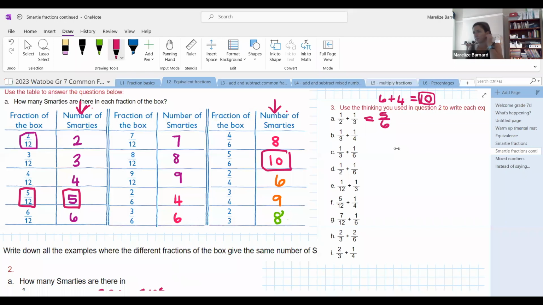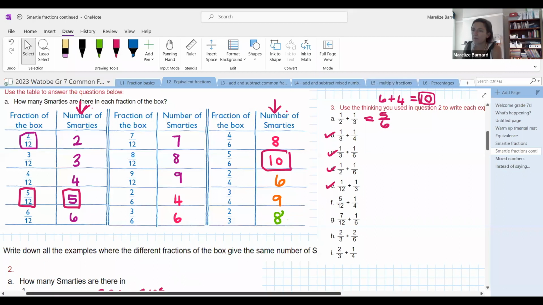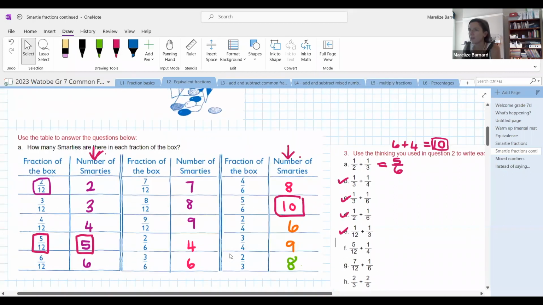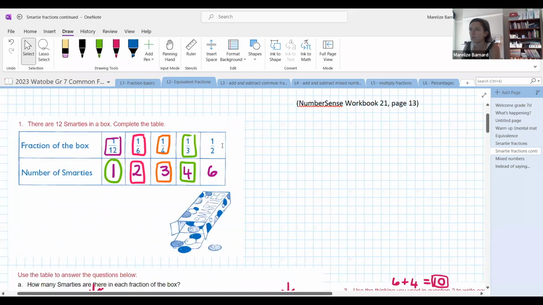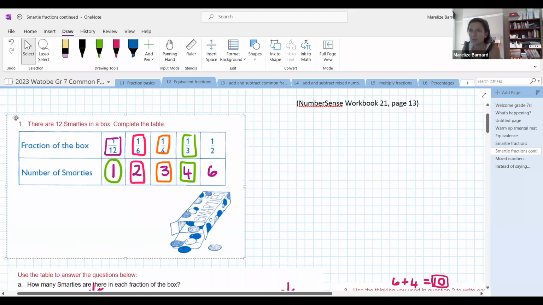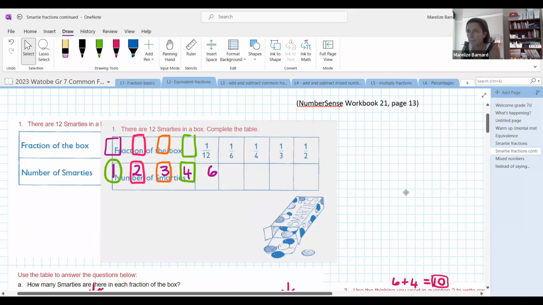of a box. Okay, so I'm going to leave you here to do B, C, D, and E. Use your table, the one that's here, and I think you all know how many Smarties there are for 1/12, 1/6, 1/4, 1/3, and 1/2.